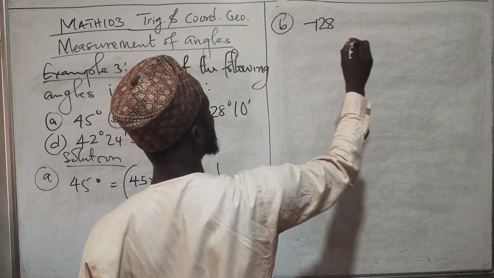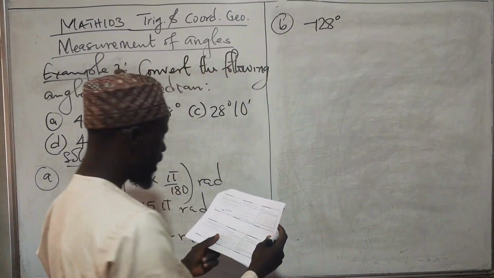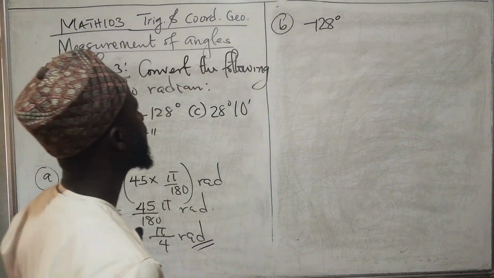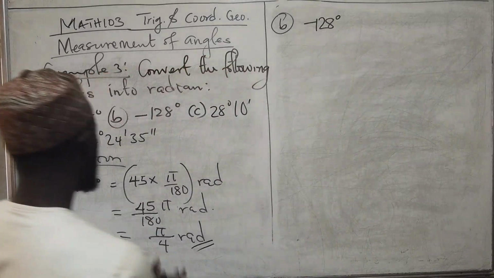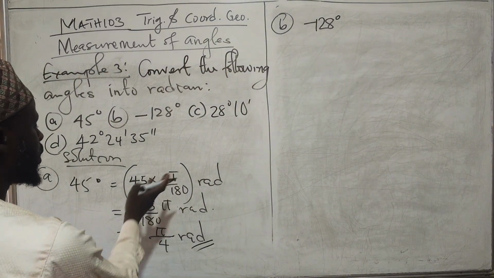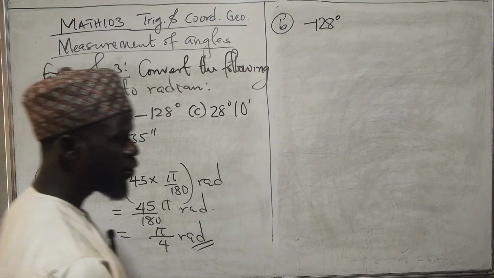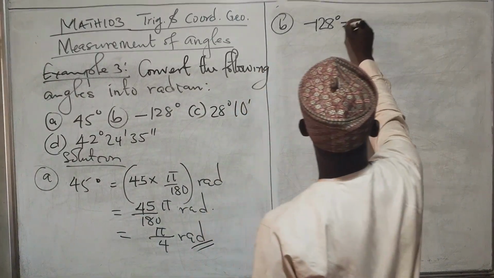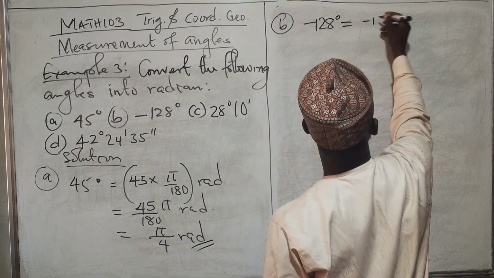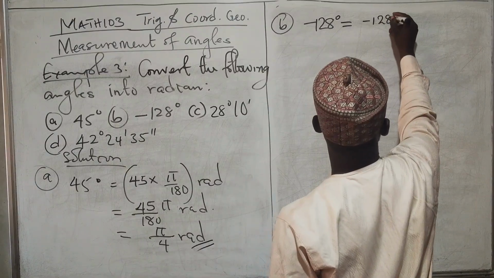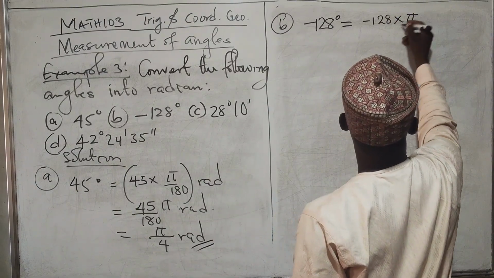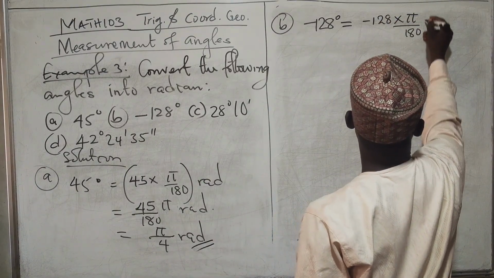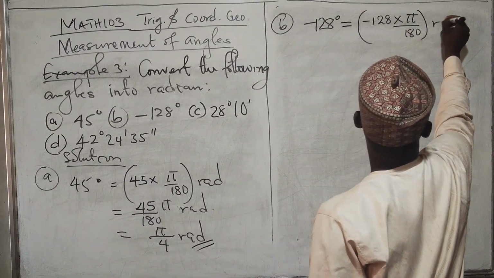And you know we have the tool to use. You multiply theta by pi over 180 degrees. So this is the same thing as saying minus 128 times pi over 180. After the multiplication, we are in radian measure.